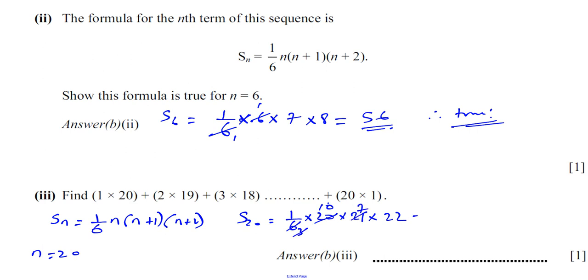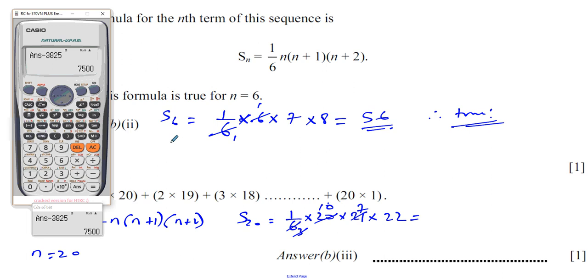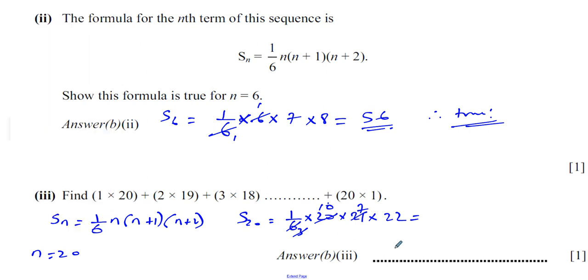So you end up with 70 times 22. Okay, that gives us 1,540. So 1,540 is the answer for part 3.